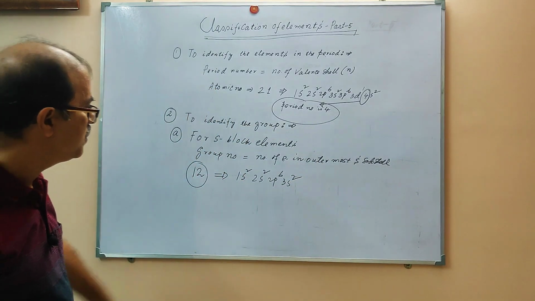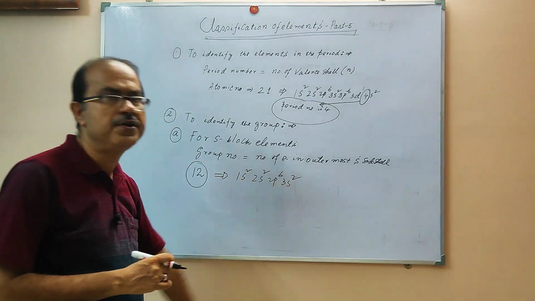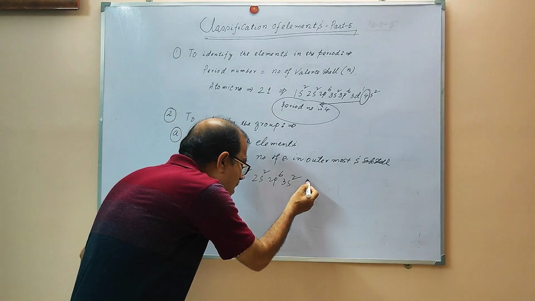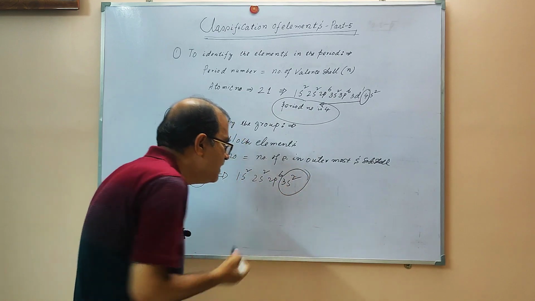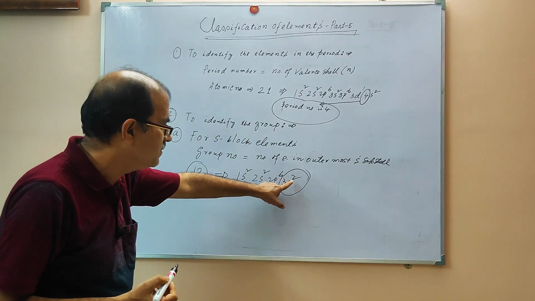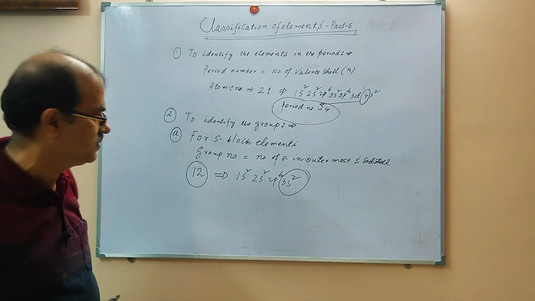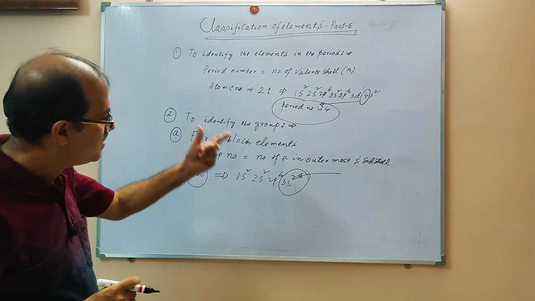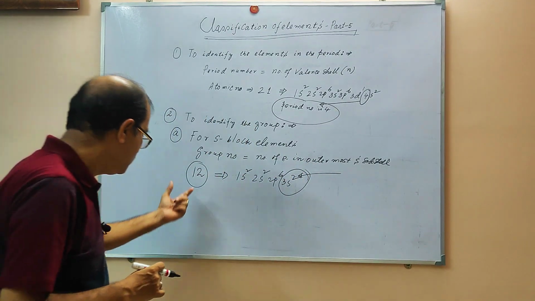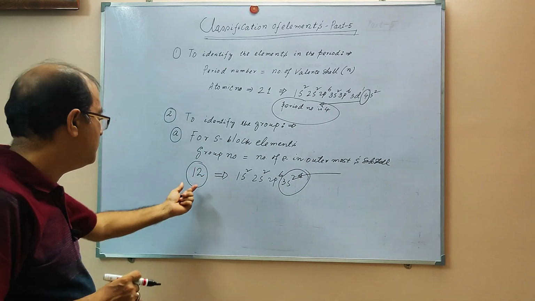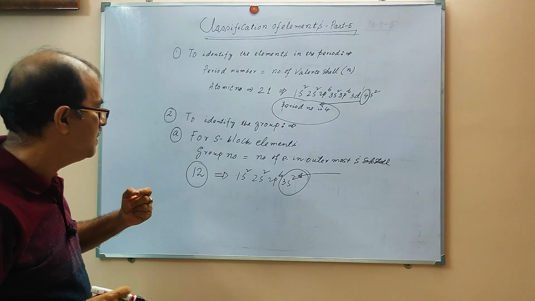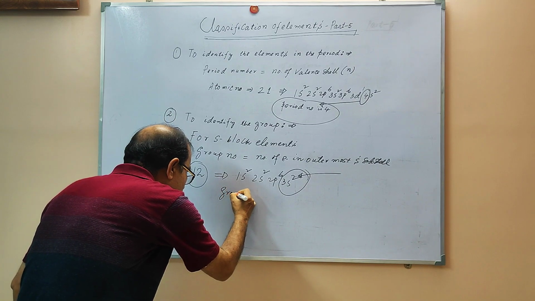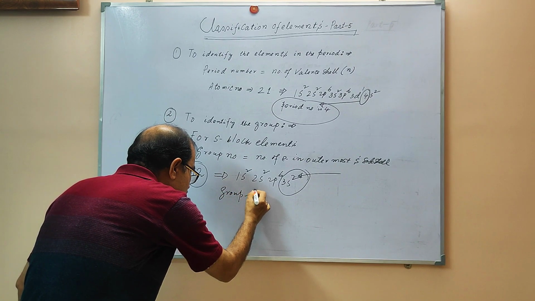And in the outer shell, in the S subshell, you see there are 2 electrons. That is why the element having the 12th atomic number will be in group 2.